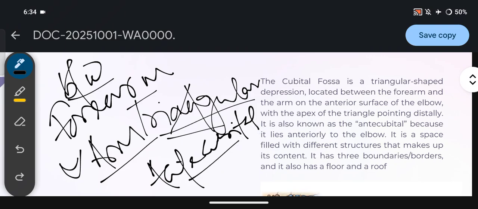Why is this named antecubital? Because it lies anteriorly to the elbow, and it is a space filled with different structures that make up its content, and it has three boundaries or borders, and it also has a floor and a roof.